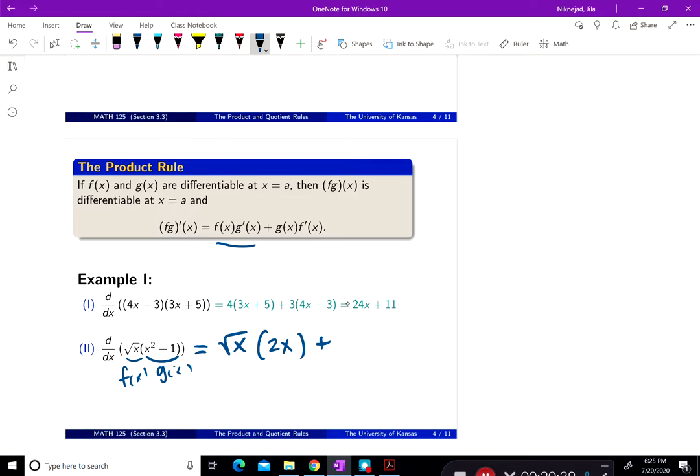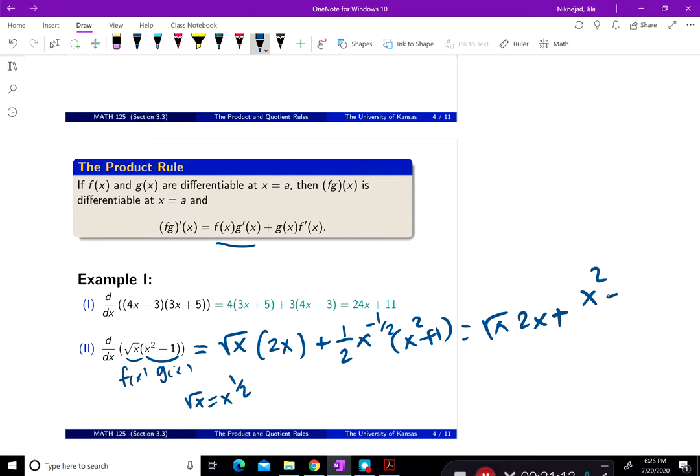What is square root of x? It is equal to x to the power 1/2. That's the first step I want to take: convert the square root to a power because I have the power rule. So the derivative of square root of x is 1/2 x to the power negative 1/2 times g of x, x squared plus 1. And so I can clean it up a little bit like this.